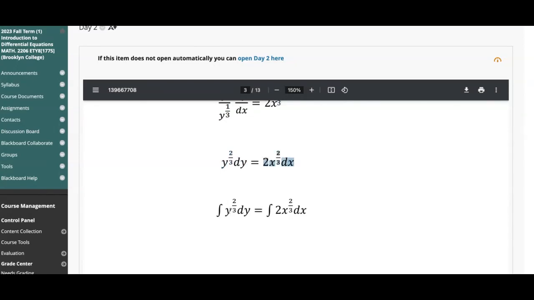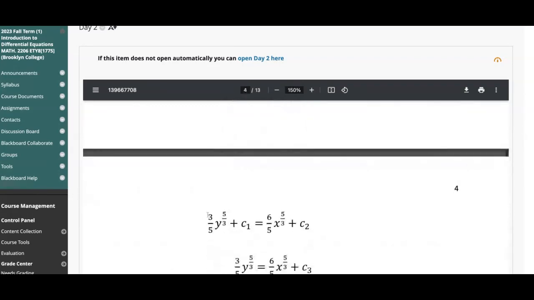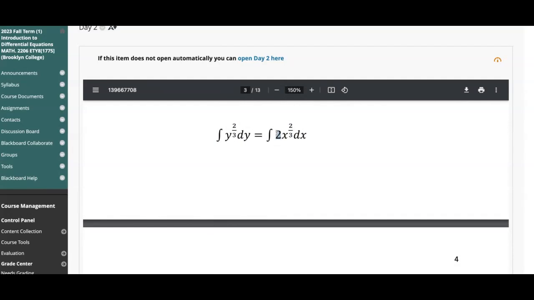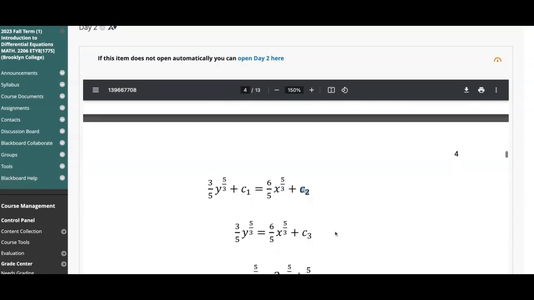That's why we could do that. Integrate this by the power rule, we get 3 over 5, y raised to 5 over 3, plus a constant. Integrate the right-hand side, get 6 over 5, x raised to 5 over 3, plus another constant.